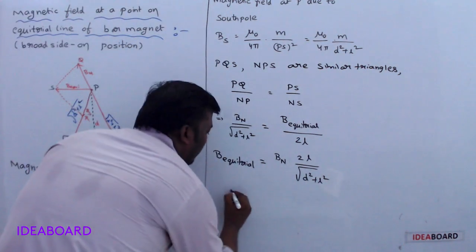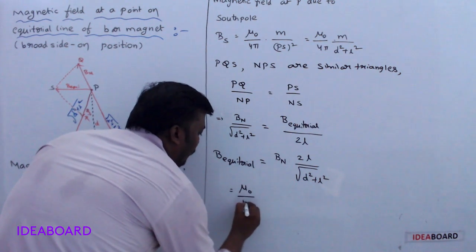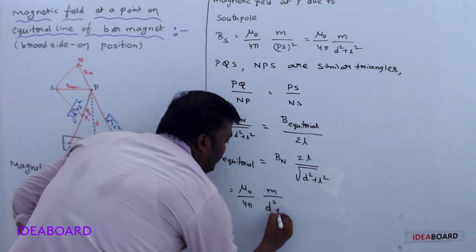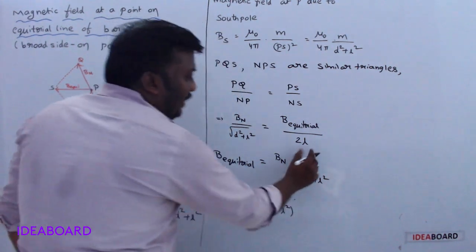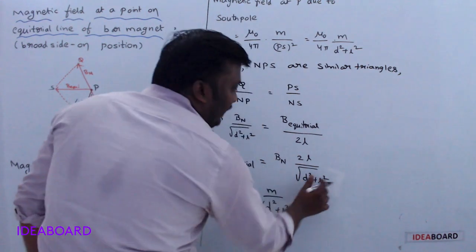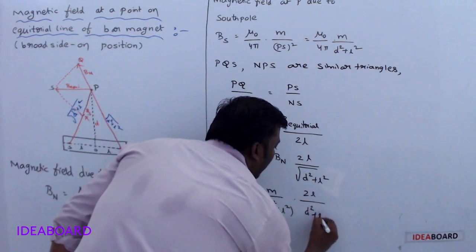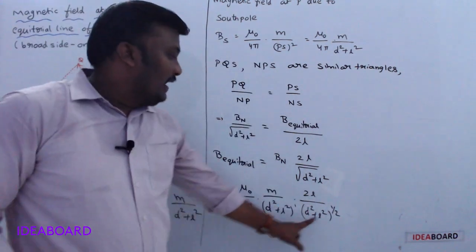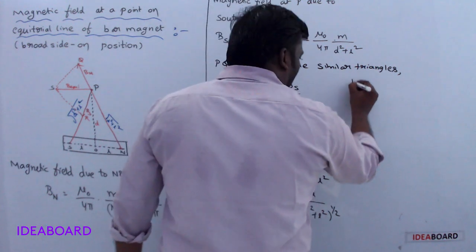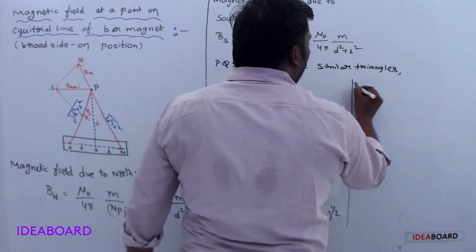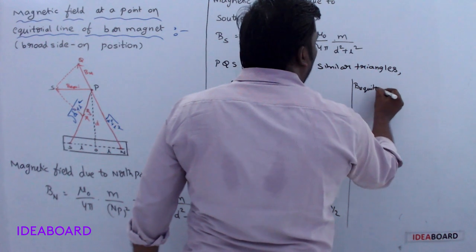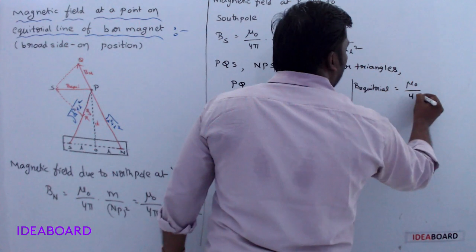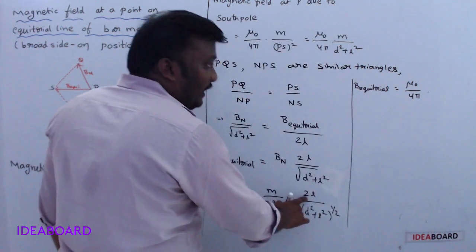What is the value of Bn? Bn value is mu naught by 4 pi m by d square plus L square, and it may be written as d square plus L square whole power 1 by 2. Here 1 and here 1 by 2. So what is the total value of B equatorial now? B equatorial is equal to mu naught by 4 pi, m into 2L.